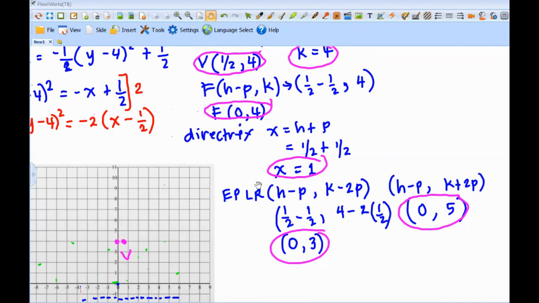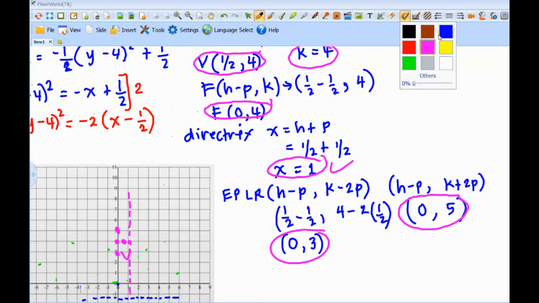And our endpoints are 0, 3 and 0, 5. And our directrix is at 1. So 1 is here, so it's exactly halfway. And our graph of the parabola opens to the left.